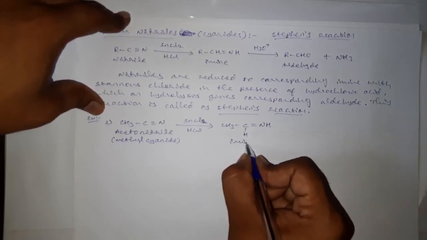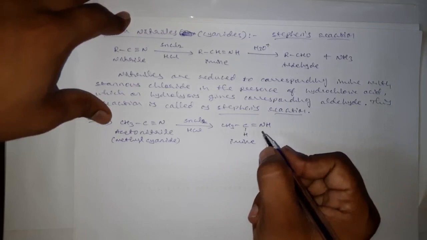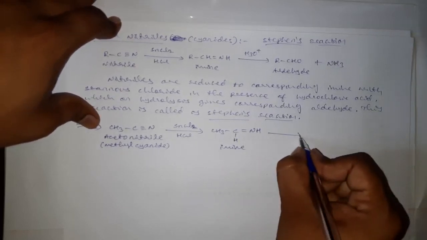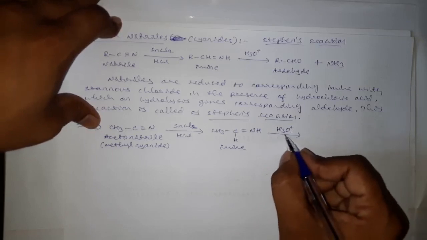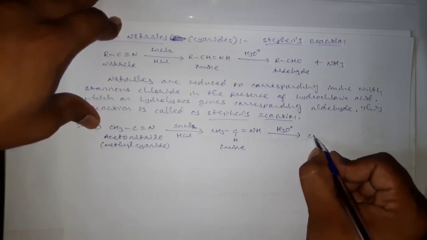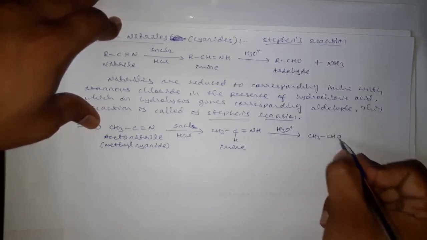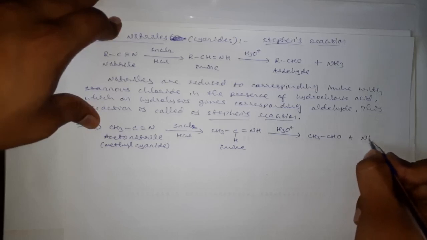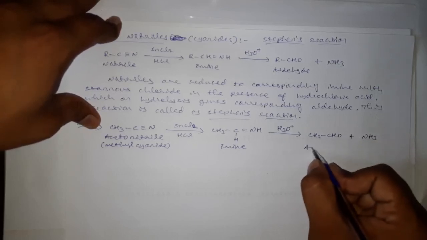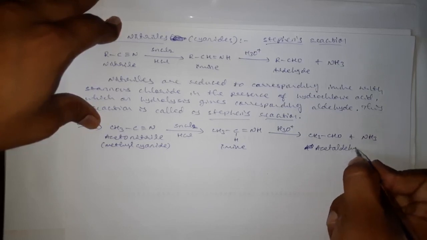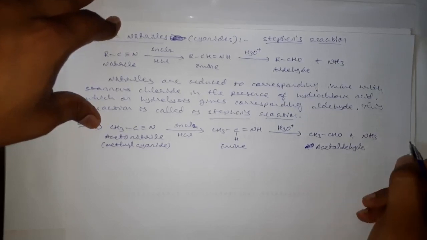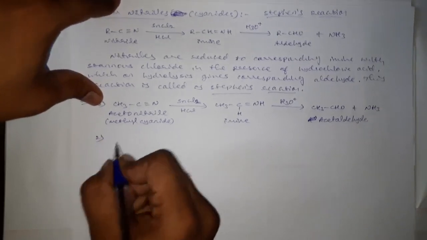This is an imine. And when this imine undergoes hydrolysis in presence of an acid as a catalyst, we will get CH3 CHO plus NH3, that is acetaldehyde.